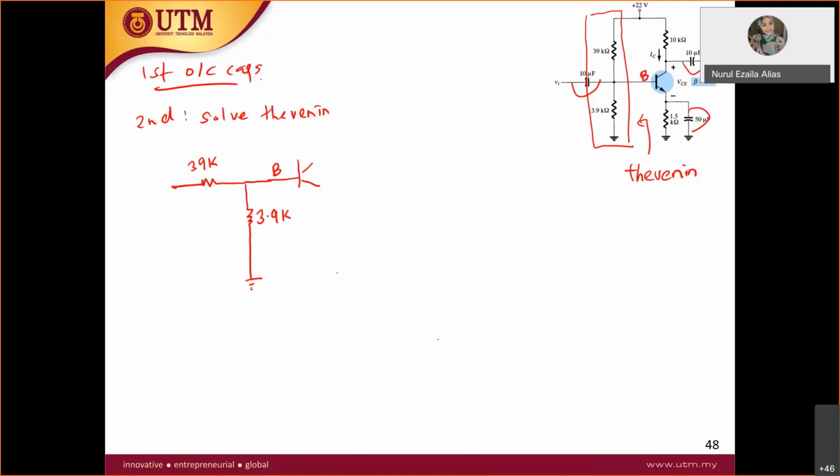This 39K goes to plus 22 volt, and the negative part goes to the ground. Now you are solving the VTH, V Thevenin, seeing from here. Let's calculate together, what is V Thevenin, students?